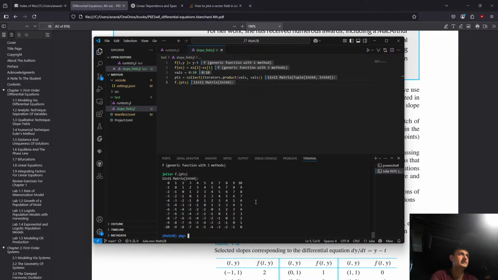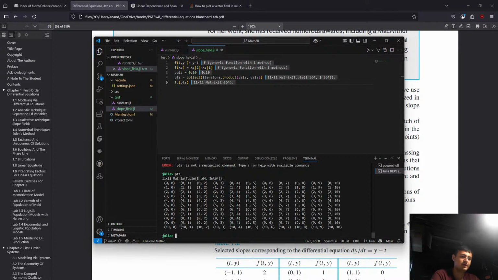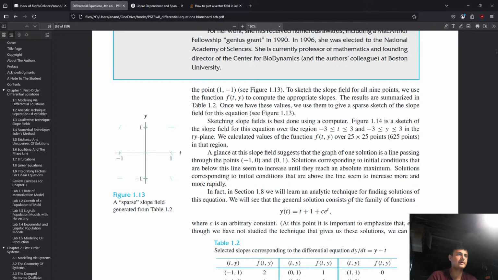So what that's saying is, let's look at the points. At the point t equals 0, y equals 10, we're getting a slope of minus 10. Wait, is it y minus t or t minus y? Oh, it's y minus t.